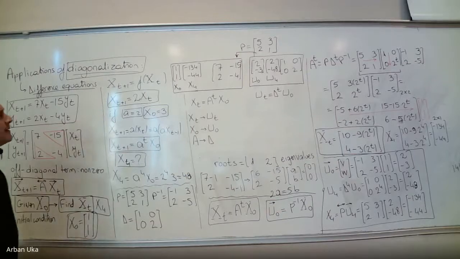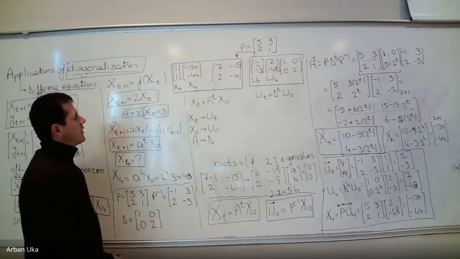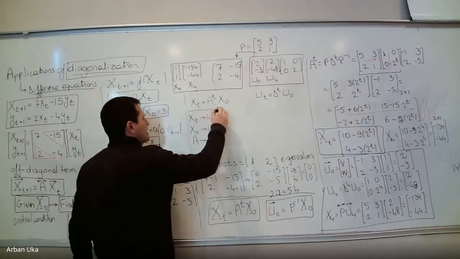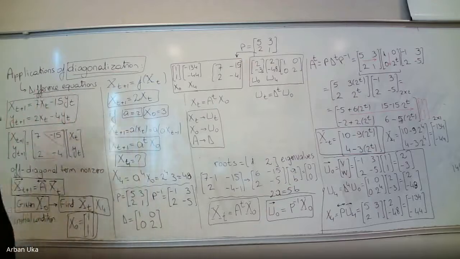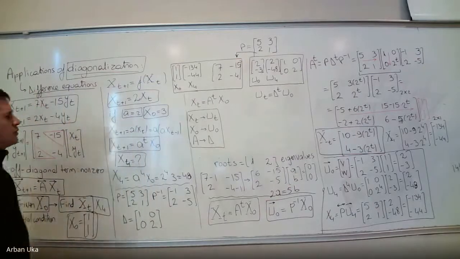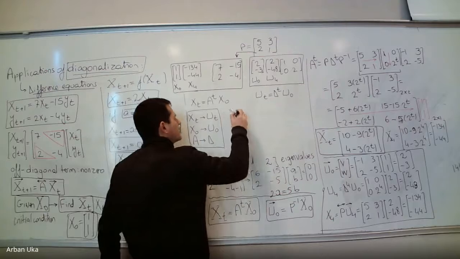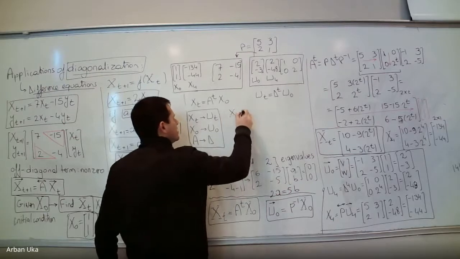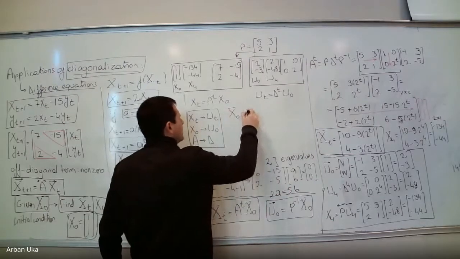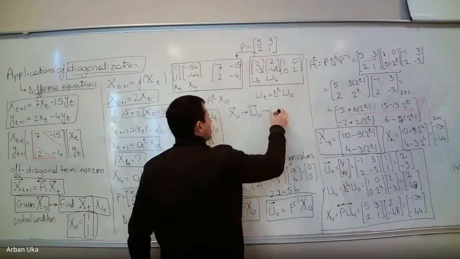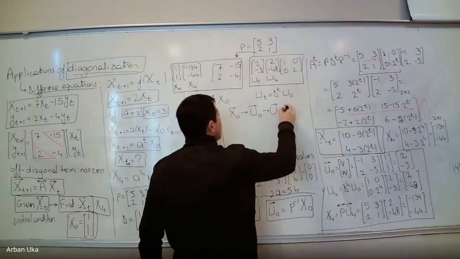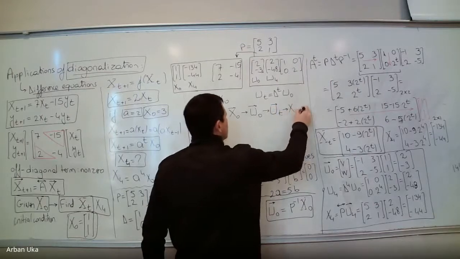Often we give the initial conditions in the standard basis, as in this example here. So if you need to find xt later, the procedure can be this. Given x0, the data, we find u0, and then we find ut, and then we find xt.